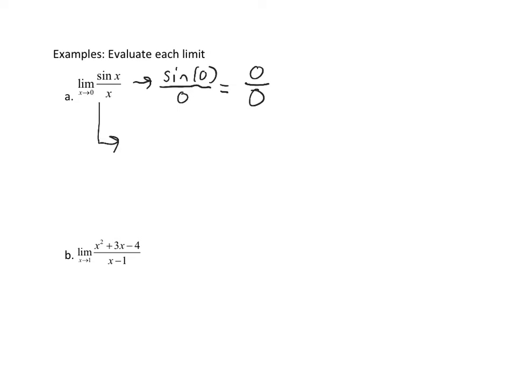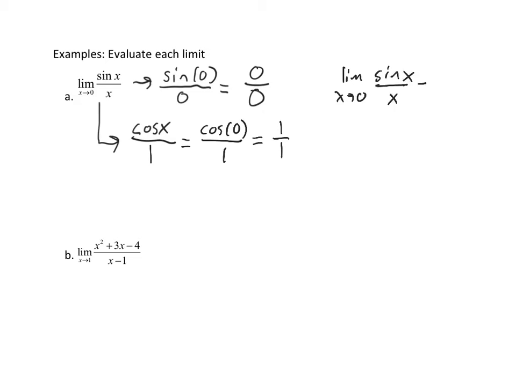The derivative of sine of x is cosine x, and the derivative of x is 1. Now we plug in 0: cosine of 0 over 1. Cosine of 0 is 1, so we get 1 over 1. In other words, the limit as x approaches 0 of sine of x over x is 1.